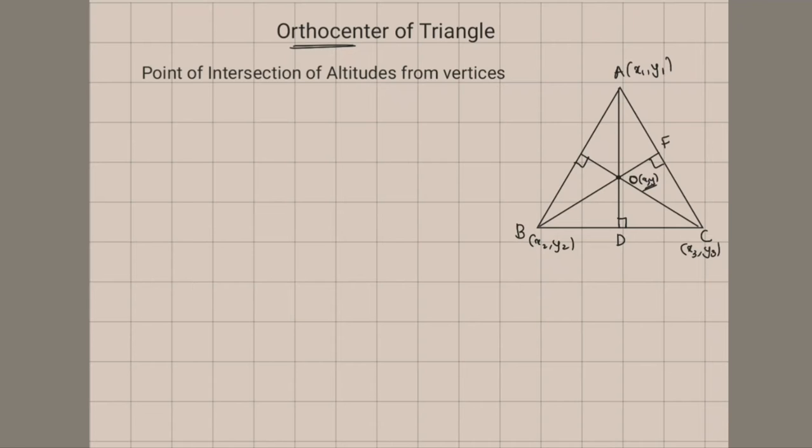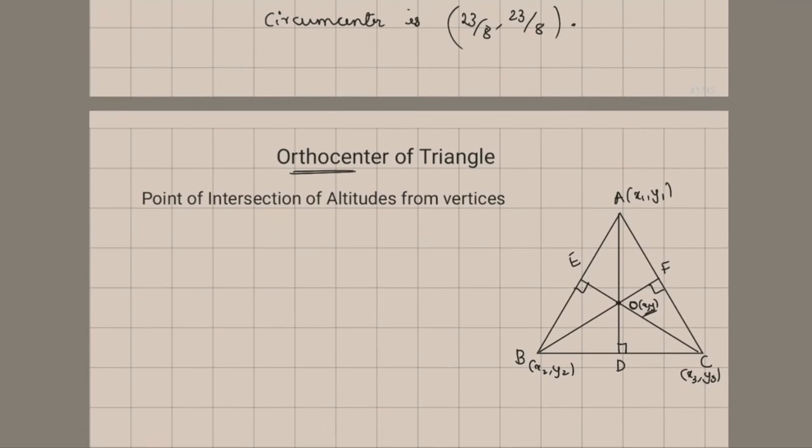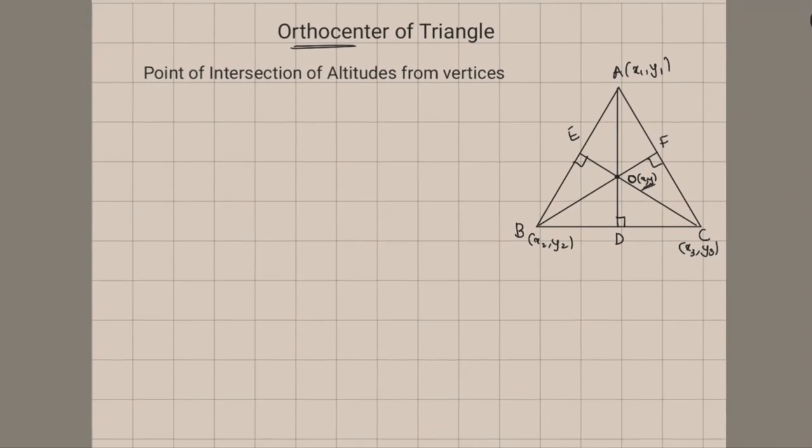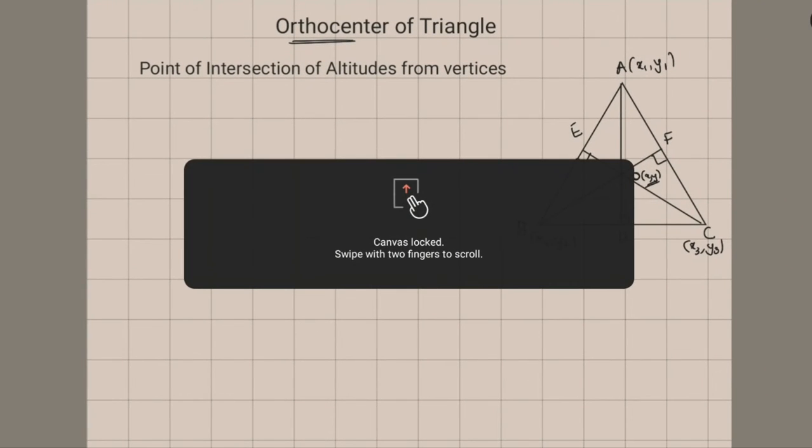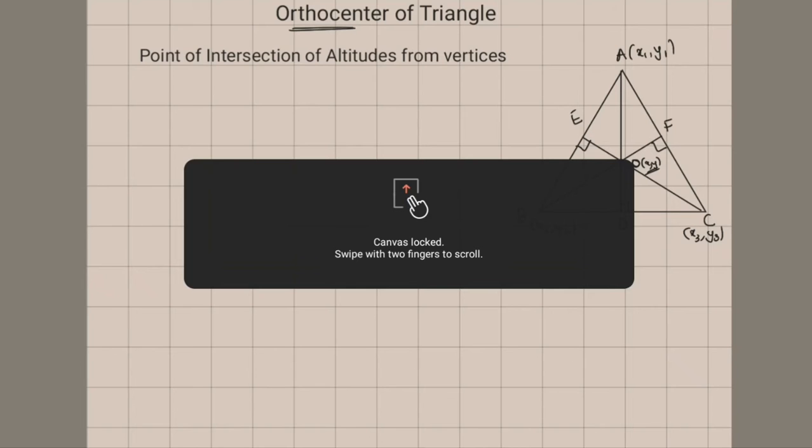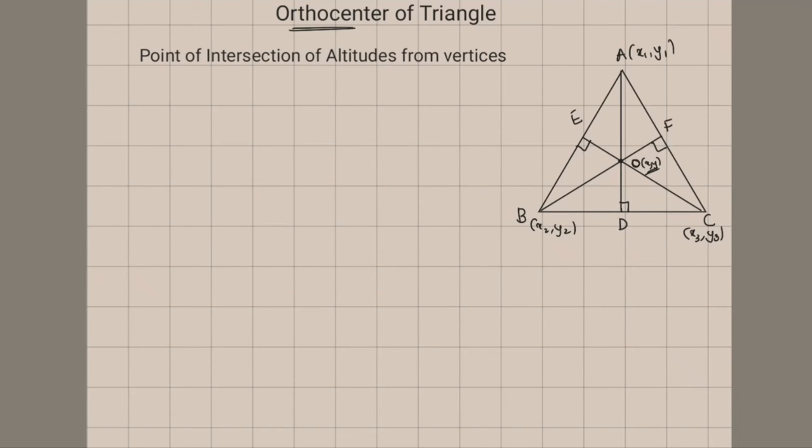If you see in the previous case, the points D, E, F are the midpoints of BC, AB and AC. But in this case, they may or may not be the midpoints, because AD is the height. So it may bisect or may not bisect. We don't know that.